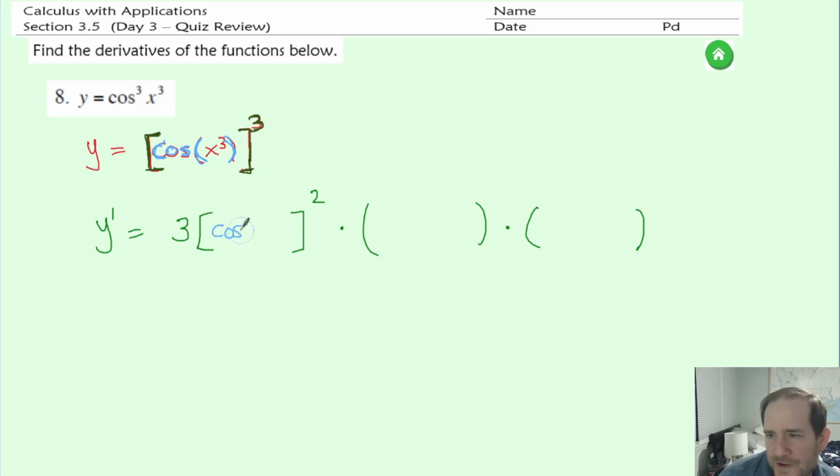So this will still be cosine of an x that's cubed. But now we need the derivative of that blue function, which is negative sine of an x that is cubed. But then the derivative of this involves the chain rule of the x cubed. So that pops out a 3x squared. But there's all our pieces.